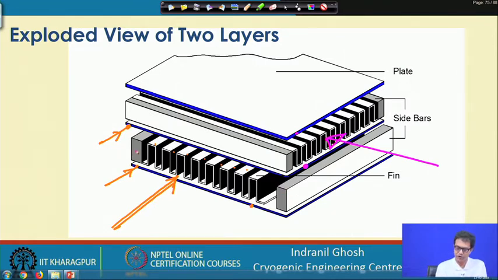For this fluid this is the sidebar, and on this side we have another sidebar. So, between these two primary surfaces we have fin, two plates, and two sidebars. So, this is one channel for this fluid.